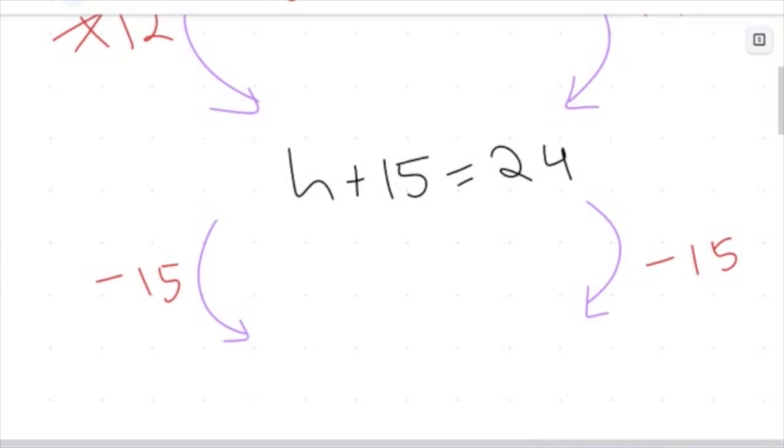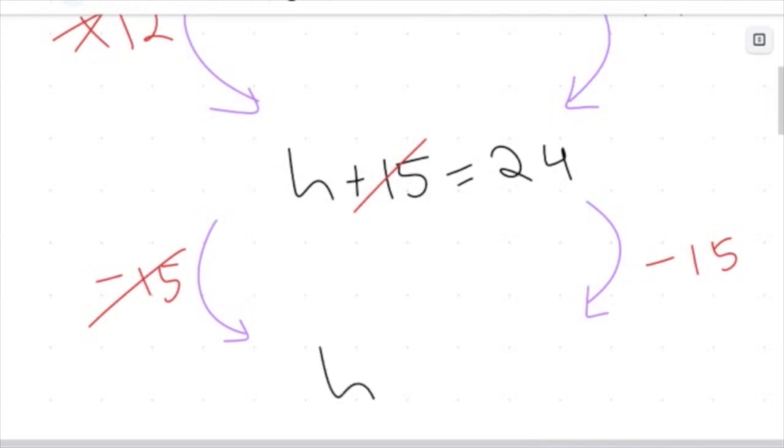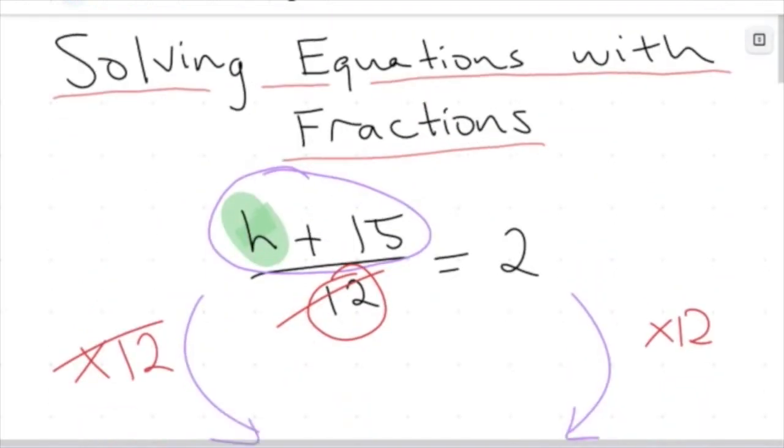So if 15 more than h is 24, then h must be 15 less than 24, hence this minus. So I'm left with just h on this left-hand side, and on the right I get 24 minus 15, which gives me 9. So we've added this new element of solving equations with fractions, but we're just doing the same thing, aren't we, that we've been doing when we try to solve systematically.